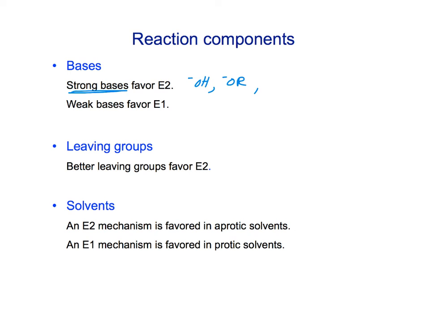Two additional bases that the book shows, these are a little bit complicated, but what we really want in the base here is that it'll act as a base but not as a nucleophile. So that slows down any competing substitution reaction. This is referred to as DBN. We won't worry about the full name. You can look that up in the text.